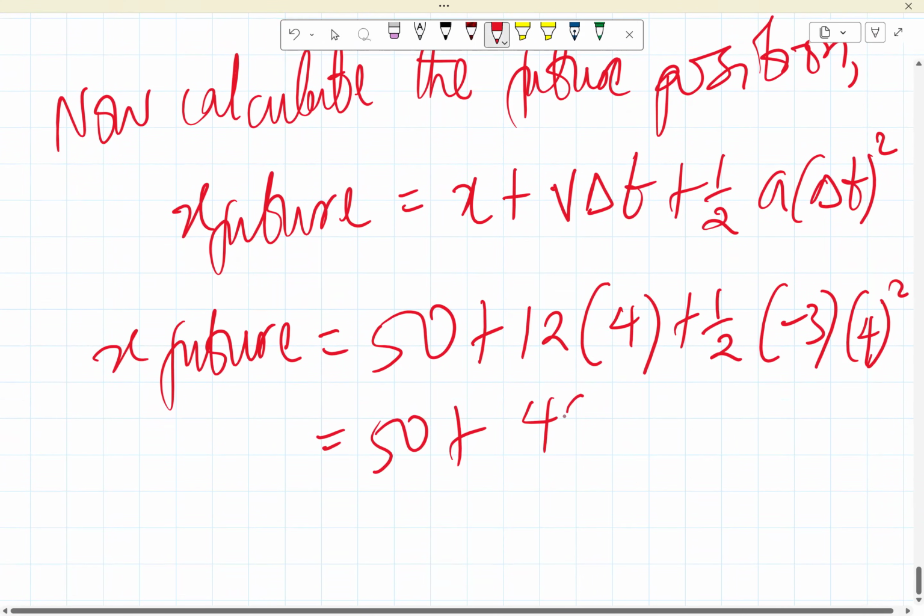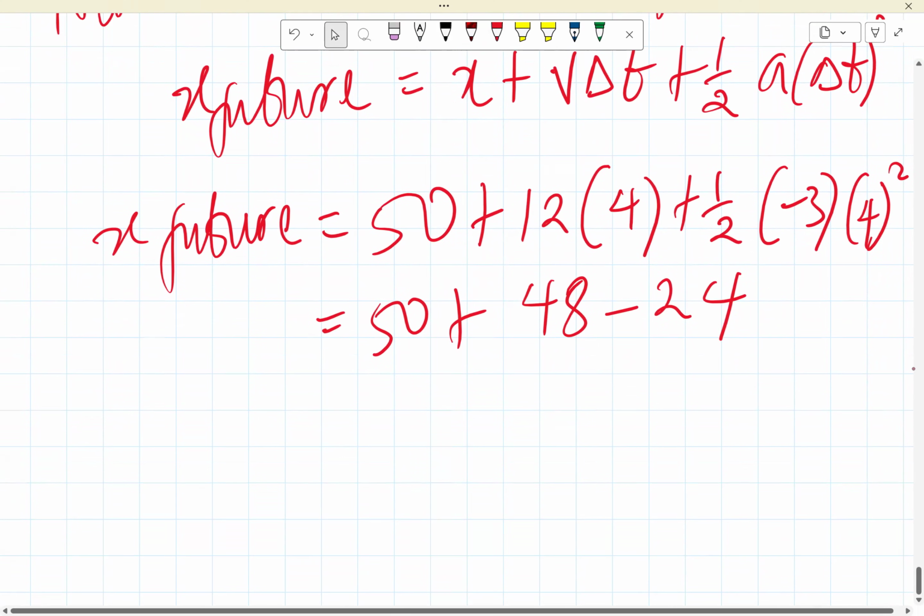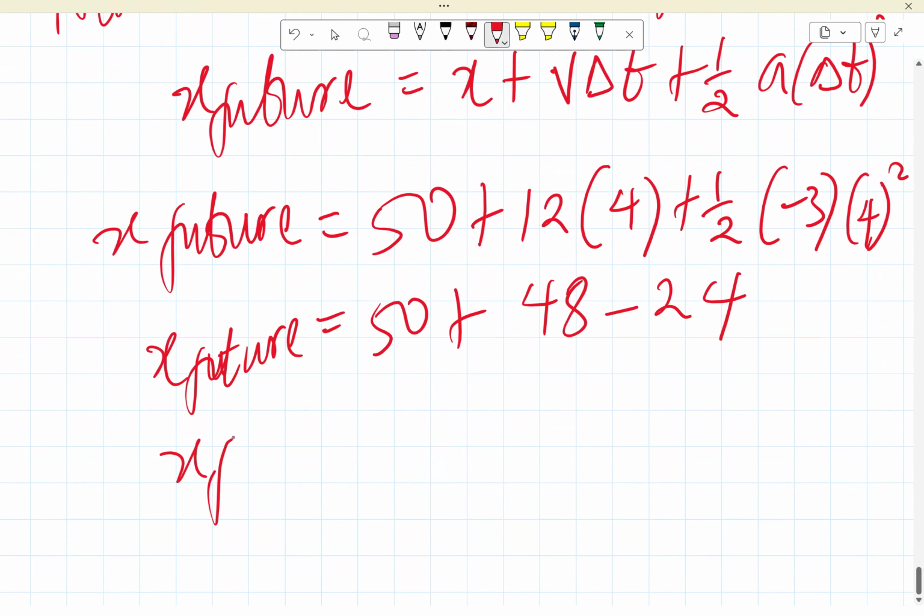So we have 50 plus 48, then this is 16. 4 squared is 16, right? 16 divided by 2 is 8. 8 times minus 3, that's minus 24. That means x future is equal to 50 plus 48, that's 98. 98 minus 24, that's 74 meters.